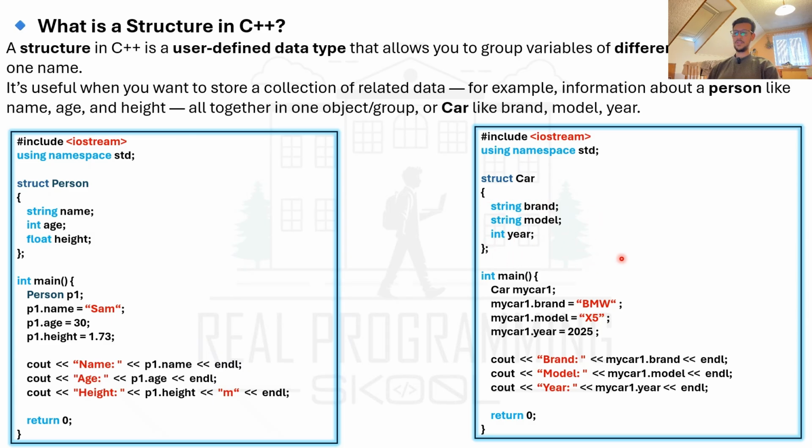I put this information under the umbrella of the car data type, and in the integer main function, I use my data type name car and declare a variable mycar1; mycar1.brand equals BMW, mycar1.model x5, mycar1.year equals 2025. So we assign these values to this variable that is under struct car, the data type that I created.